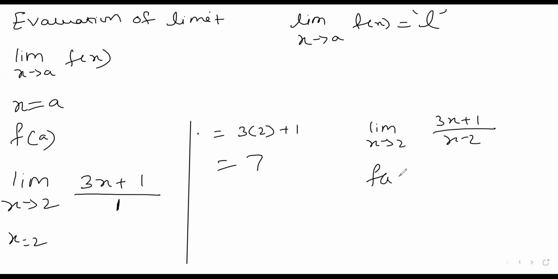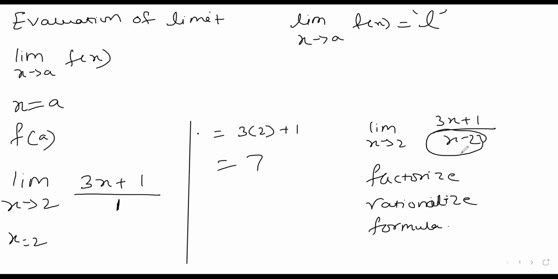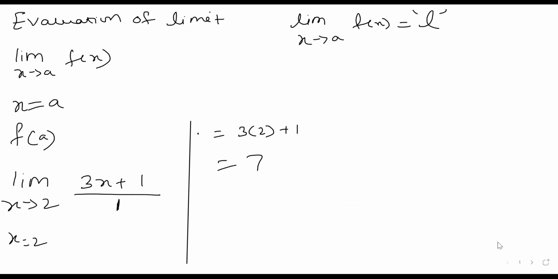I can factorize this, I can rationalize this, I can use the formulas of limits and eliminate this factor. After eliminating this, then I will put x is equals to 2. Okay, this is simply evaluation of limit ka formula. We can simply evaluate the limit using this.